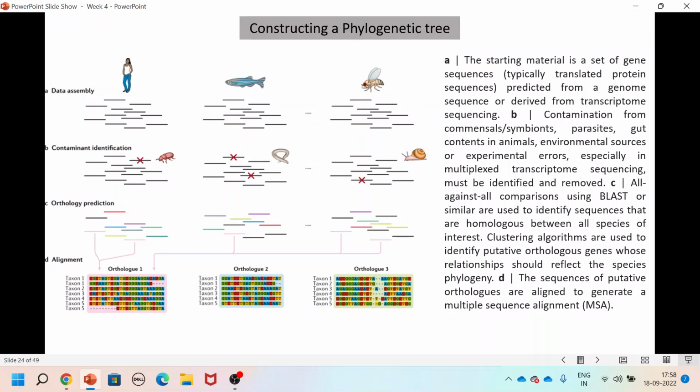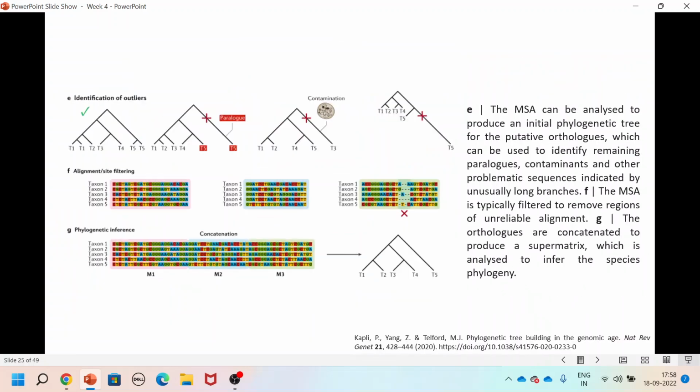Now, after getting the alignment, the sequences of the putative orthologs are aligned to generate a multiple sequence alignment. After this MSA, we can remove the outliers by checking for the paralogs. The MSA can be analyzed to produce an initial phylogenetic tree for the putative orthologs, which can be used to identify the remaining paralogs by seeing the percentage similarity between the other proteins.